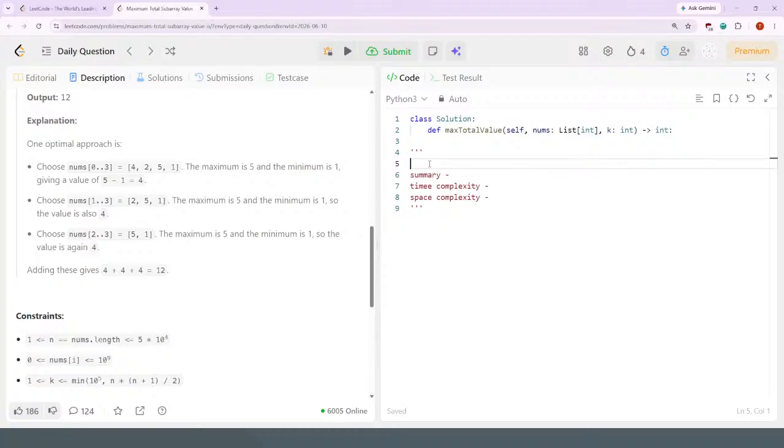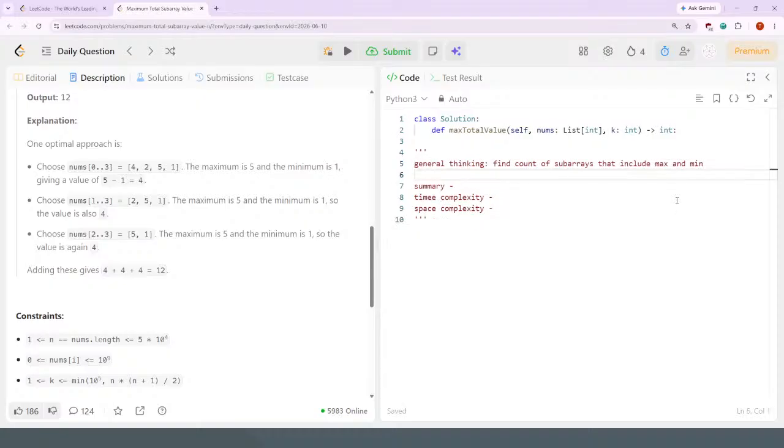So the general kind of process or general thinking would be find the count of subarrays that include max and min.